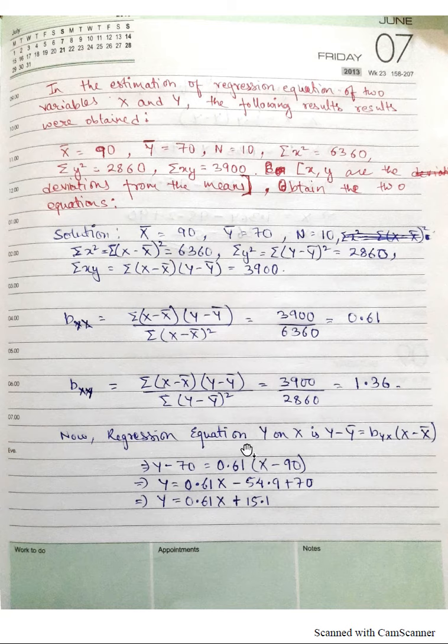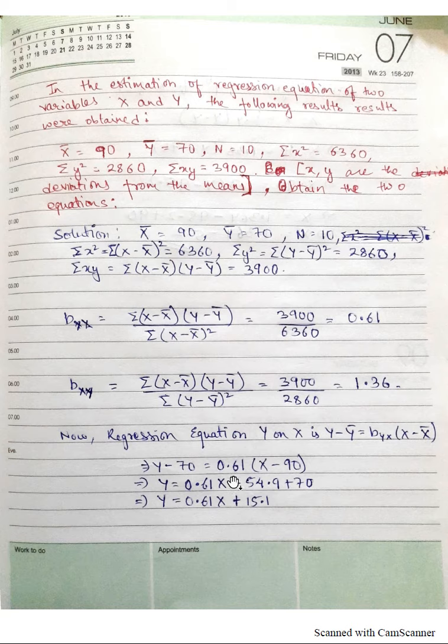So the regression equation of y on x is y minus y bar is equal to byx into x minus x bar. So it will be y minus 70 is equal to 0.61 into x minus 90, or y is equal to, we take this 70 to the other side, 0.61 x minus 0.61 into 90.